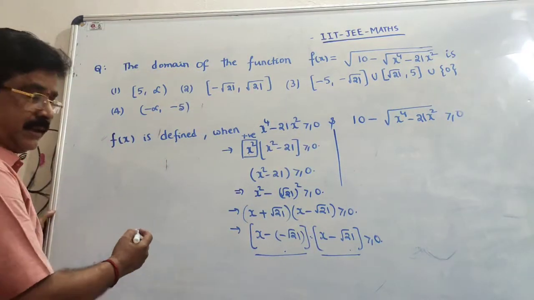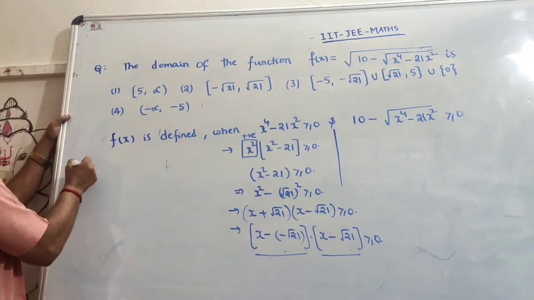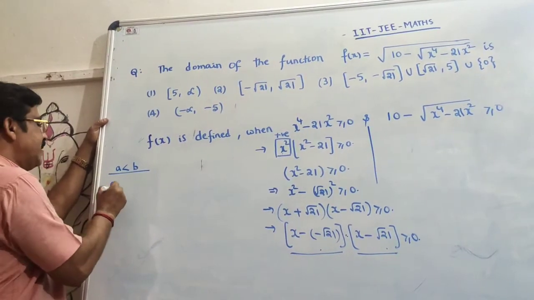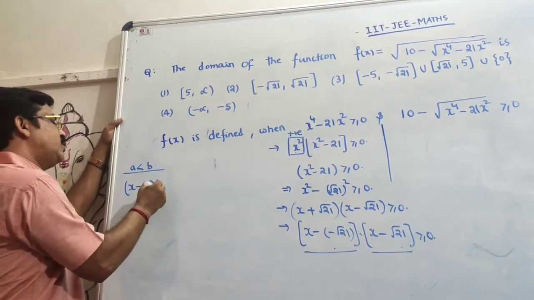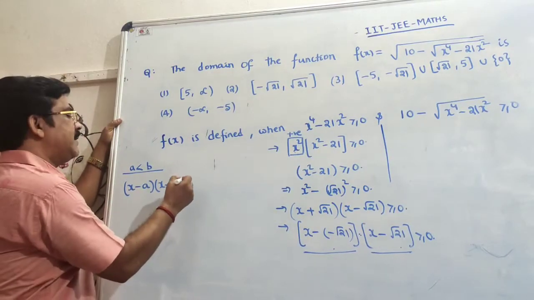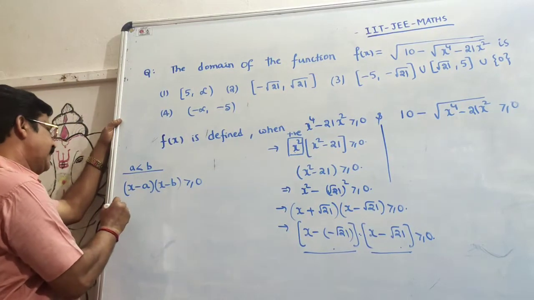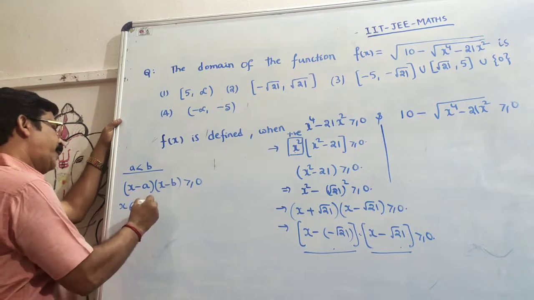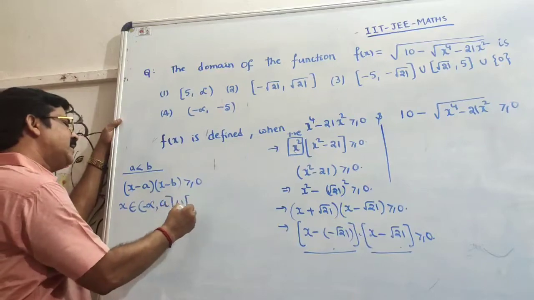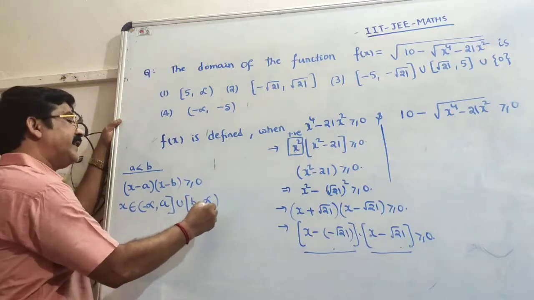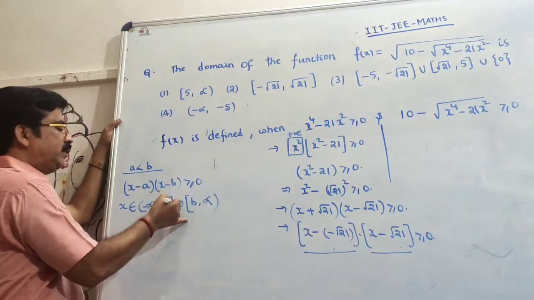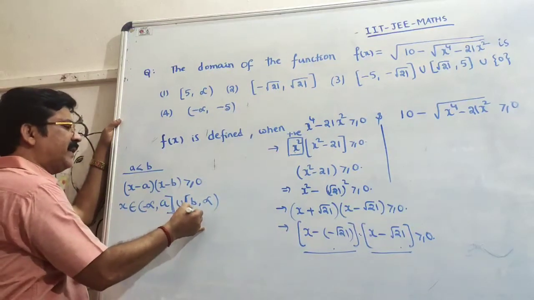Already I said about the intervals. When a is less than b, under this condition, if (x − small value)(x − greater value) ≥ 0, then x belongs to (−∞, a] ∪ [b, ∞). Of course, there is an equivalence relation, that's why we took the closed brackets. Remember.